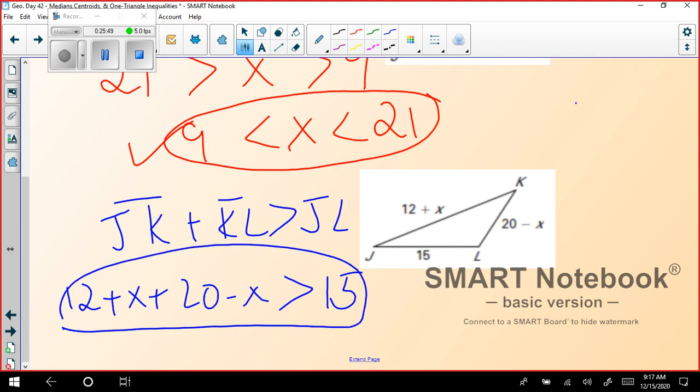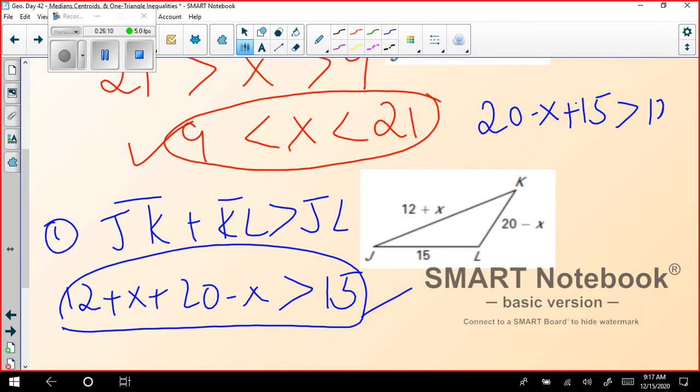So let's see the other combinations. There are three possibilities with the triangle inequality. This one is true, so it doesn't give us any extra input. The other possibilities are to add the other two sides: 20 minus x plus 15 is greater than 12 plus x. Okay, this is one possibility.